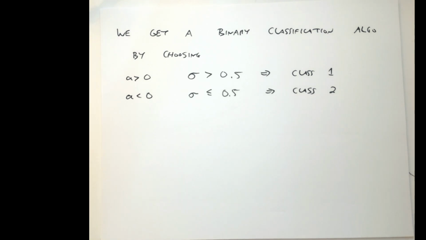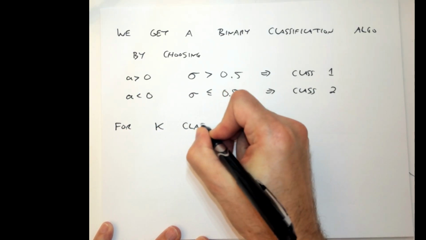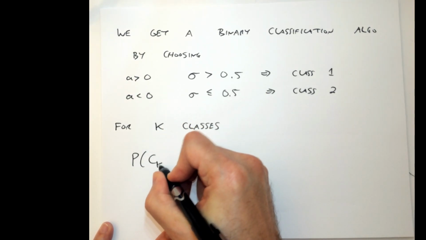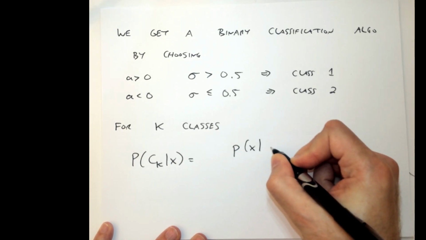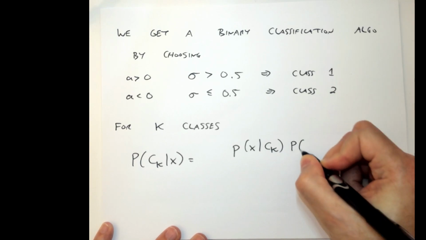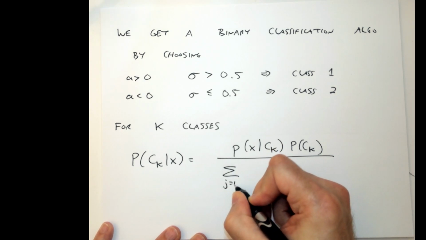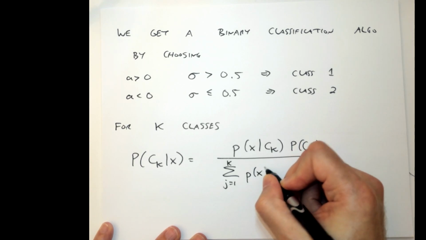And more generally, what if I had more than 2 classes? So for K classes, my posterior is again, via Bayes' rule, the class conditional probability times the prior over the sum of all of the ways that can happen.